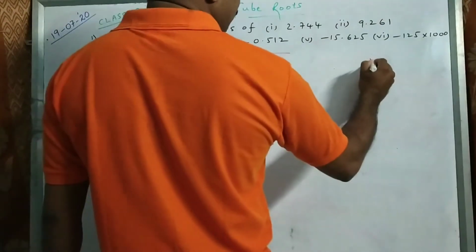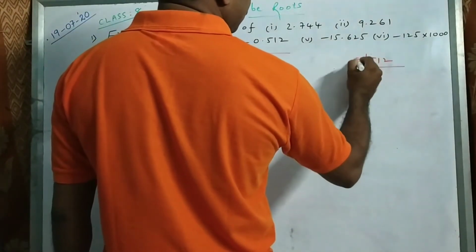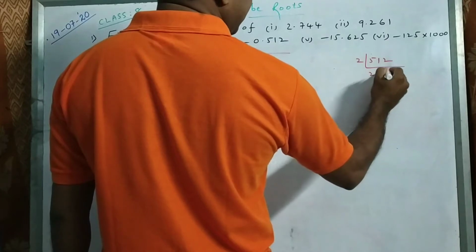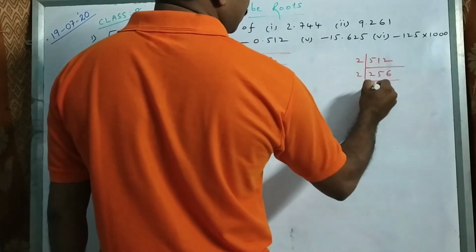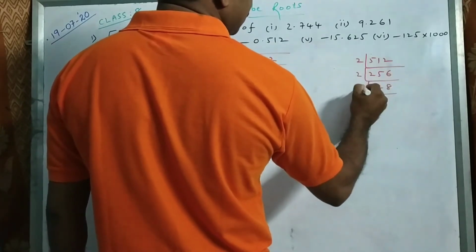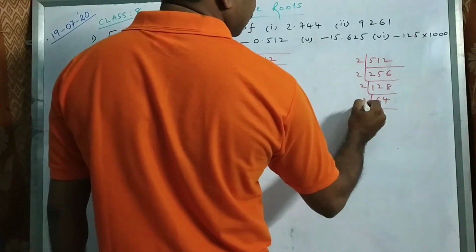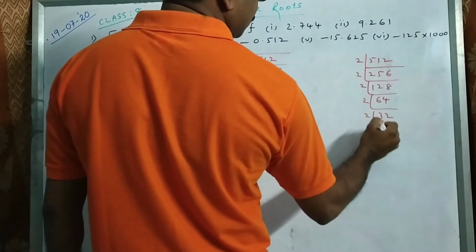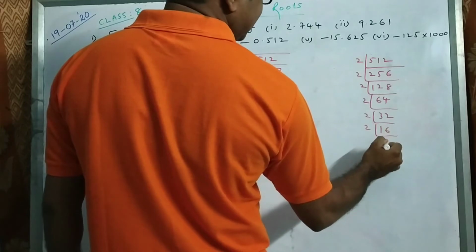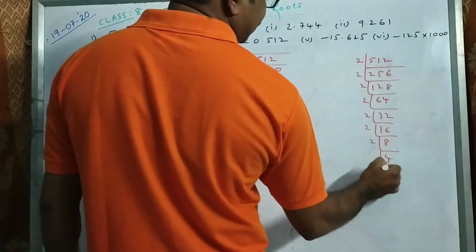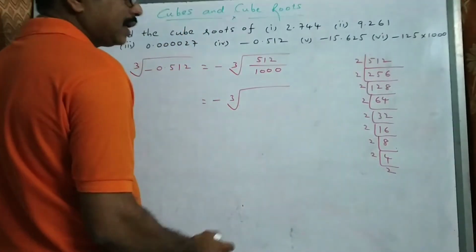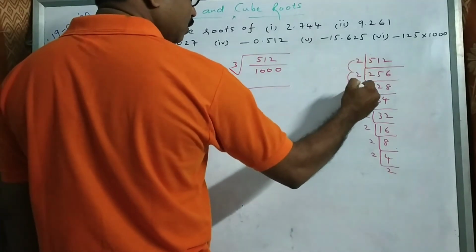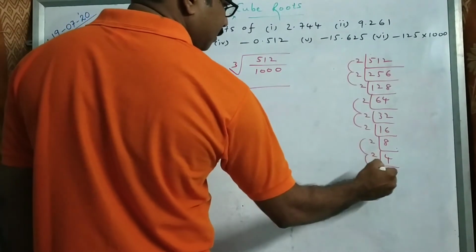Minus can be kept outside. Okay, 512: 2 2s are 4, 2 4s are 8, 2 8s are 16, 2 16s are 32, 2 32s are 64, 2 64s are 128, 2 128s are 256, 2 256s are 512. So triplets you see now, 1 2 3, 1 2 3, 1 2 3.